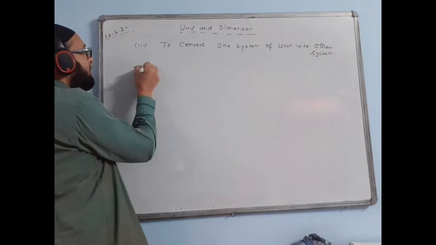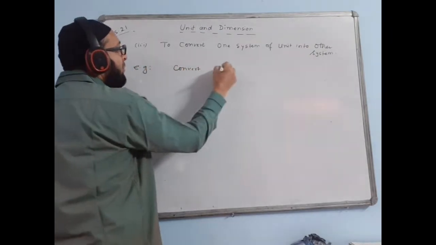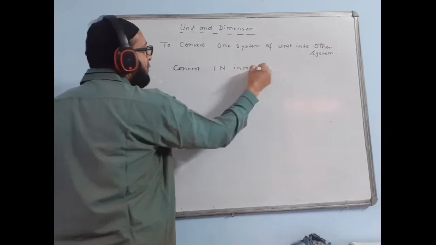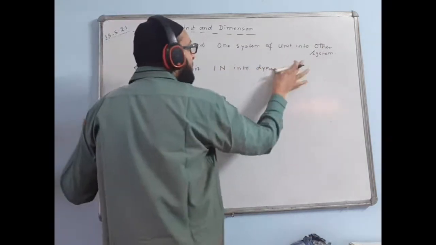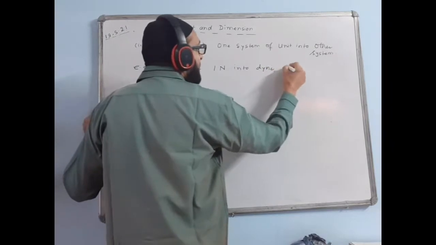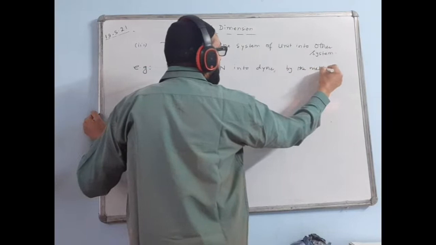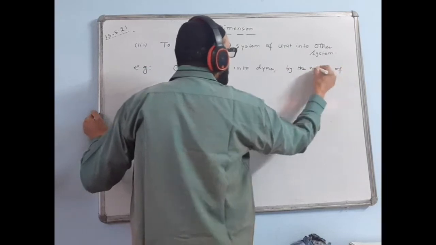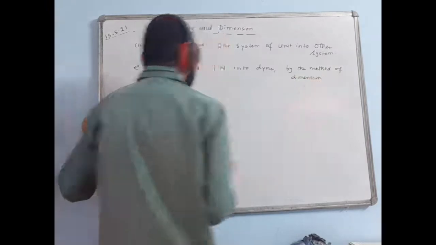For example, convert 1 Newton into times by the method of dimension.